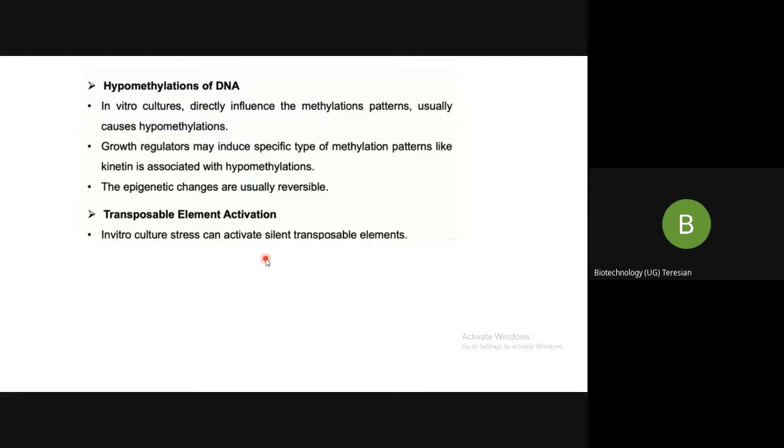You feel that your body is paining, and all sorts of negative things start happening. Similarly, when the plant is facing a stress condition, it activates the transposable elements which were silent. These are called jumping genes. From where they are sitting, they will jump and sit in any other part of the DNA segment, and they can bring about a variation.